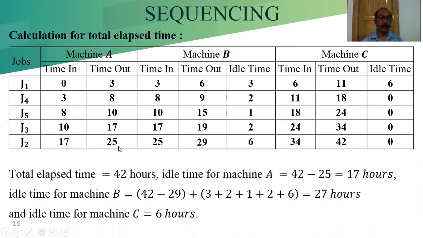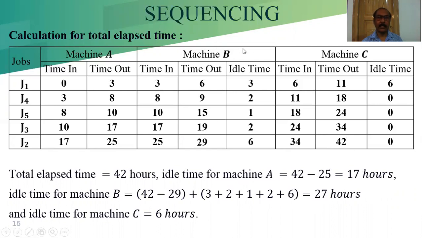And the idle time for the machine A is the timeout for the last job J2 in the machine C minus the timeout in the machine A. So 42 minus 25, that is 17 hours, the idle time for the machine A.